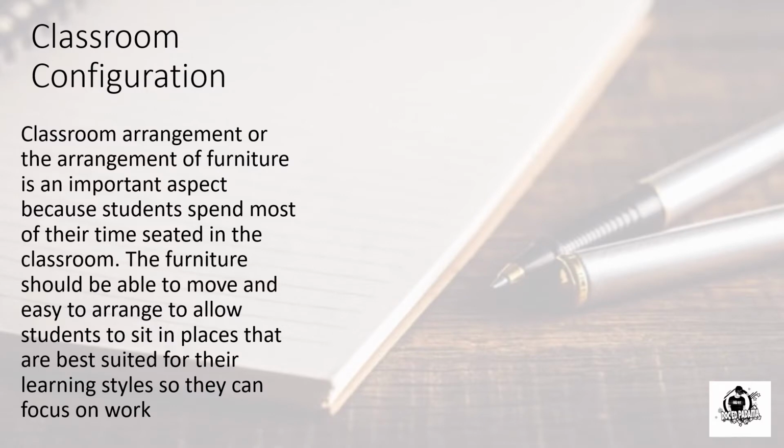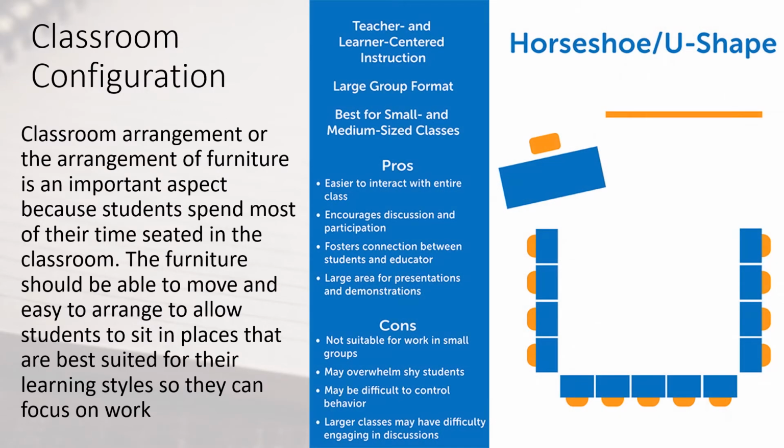I am going to present another configuration, and this is the horseshoe or U-type configuration. Usually, this is used not only in classrooms but also in conferences and in meetings. Again, I will not go through the pros and cons one by one anymore. You can just take a photo or screenshot and make sure you take note of these elements in this classroom configuration.